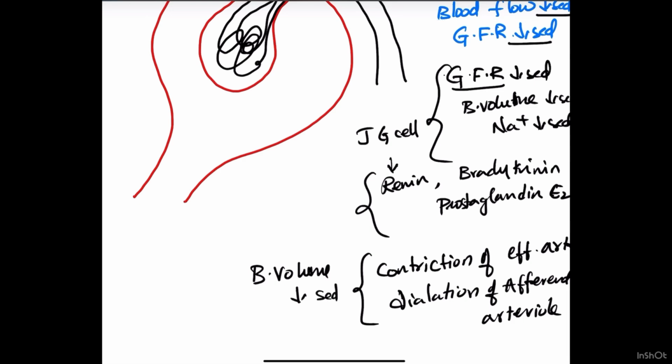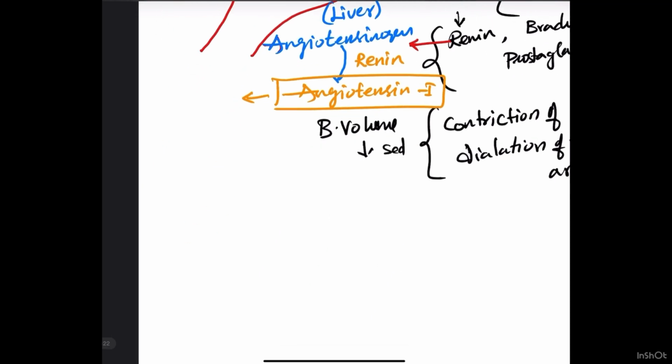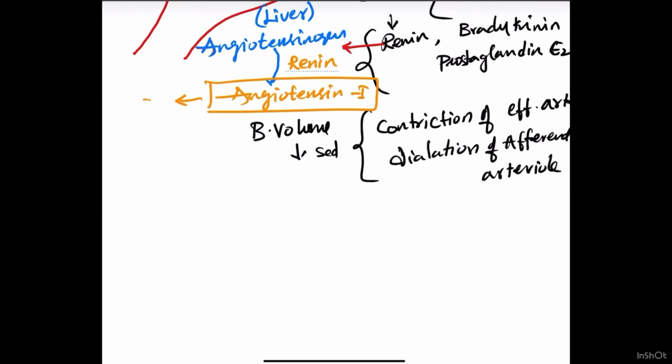Now the renin, what is it going to do? Renin is going to act on angiotensinogen, which is produced in the liver. Through the blood it will reach here. Angiotensinogen is converted into angiotensin 1 due to the renin. Now this angiotensin 1 is going to be converted into angiotensin 2.